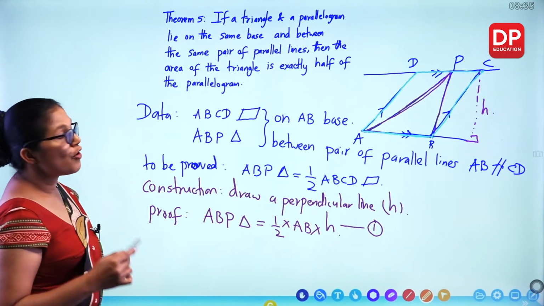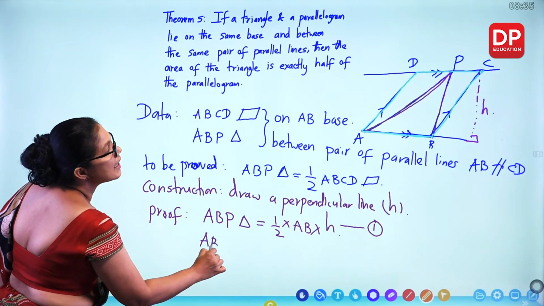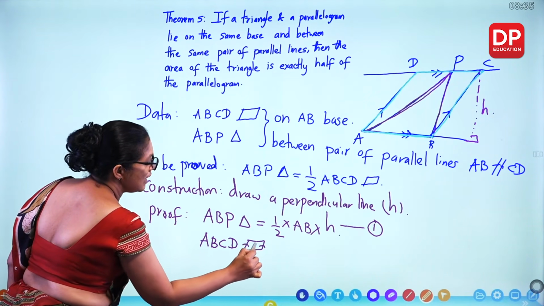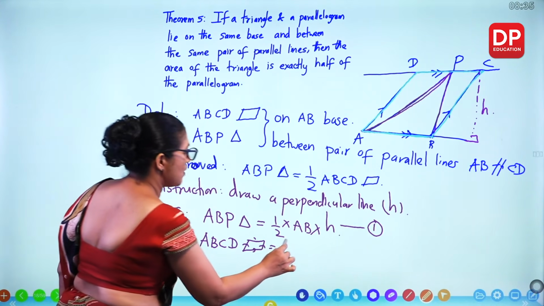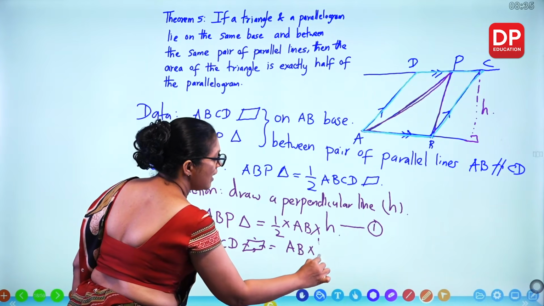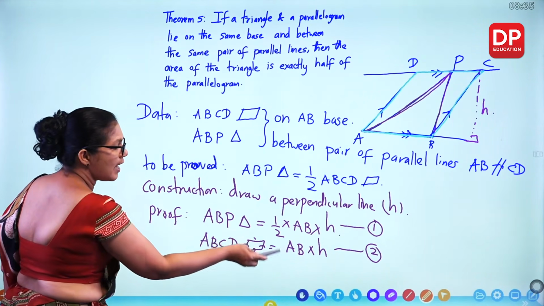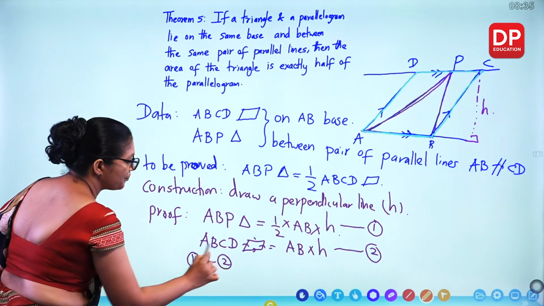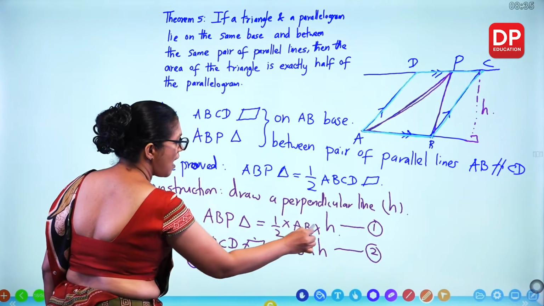What can I say about the area of the parallelogram ABCD? Area of the parallelogram is base times height. What's the base? AB and H. When you look at 1 and 2, what can you say about these two? Same thing, but this is half of that.